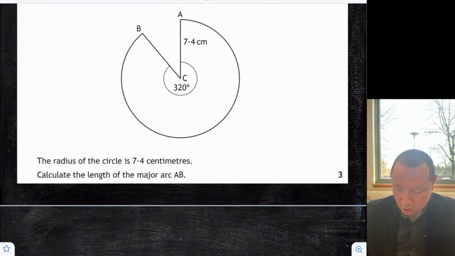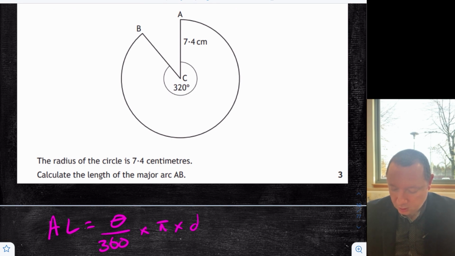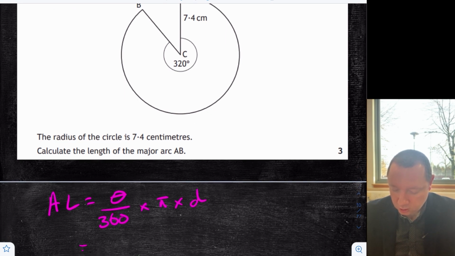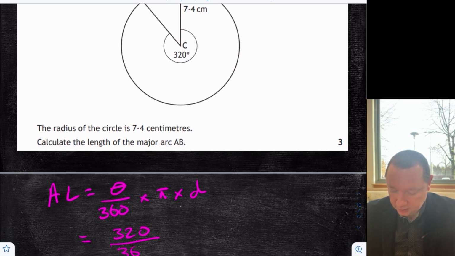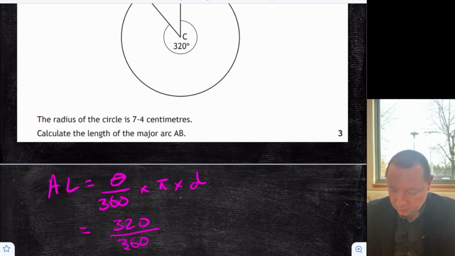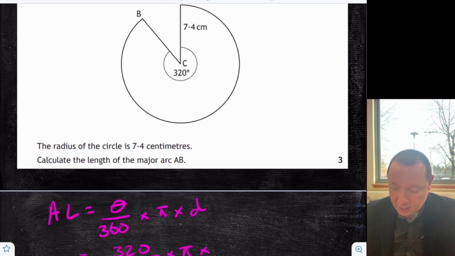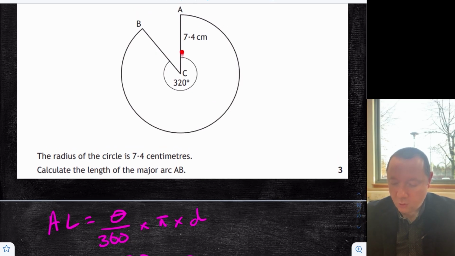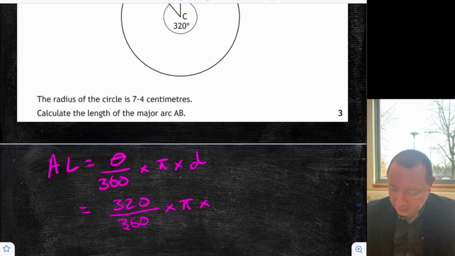We can just write down arc length equals angle over 360 times pi times diameter. Always write down your formula first. Your angle is 320. We've got that over 360. And we're timesing by pi. And our diameter, well, it's told us 7.4. So we need to double that, so that is 14.8.